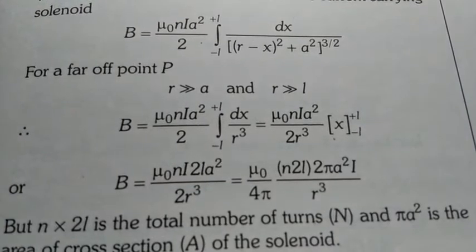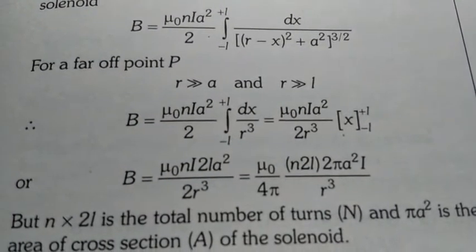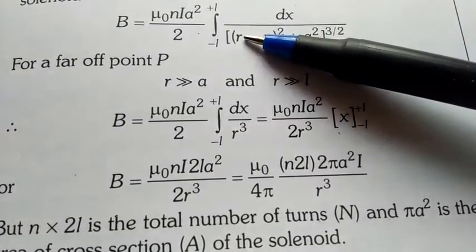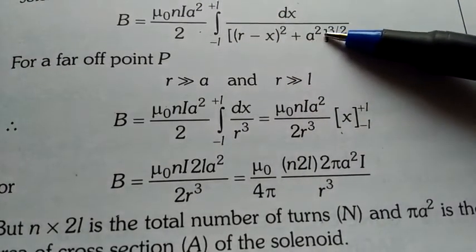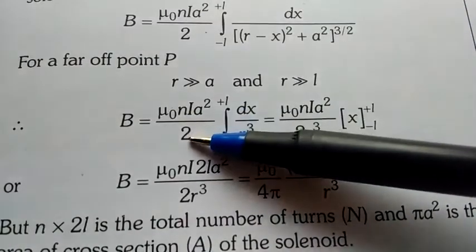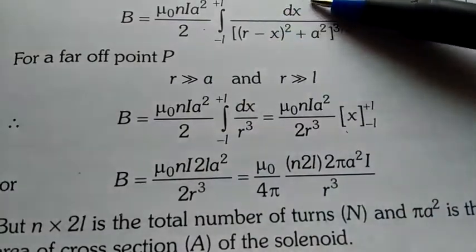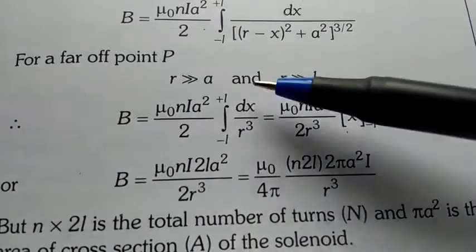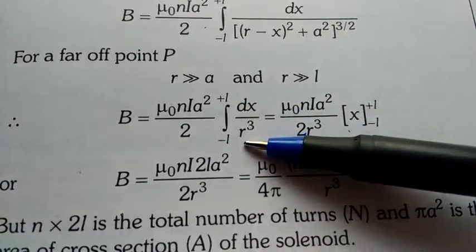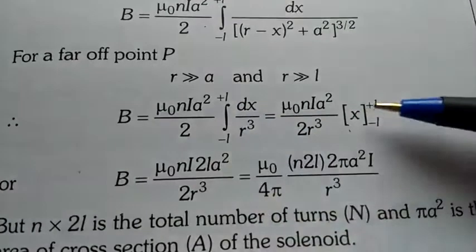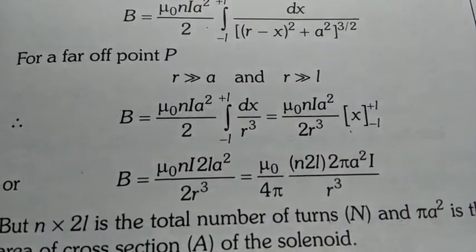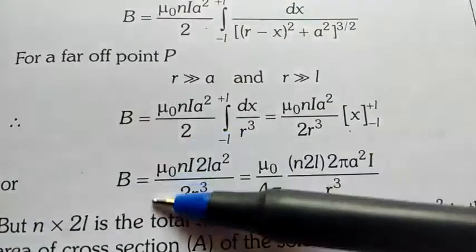Now at a far off point P, r is very much greater than a, and also than L. So here we neglect a, and we have B equals mu naught I a squared upon 2 times a constant, which comes out of the integral. Integrating from minus L to plus L, dx upon r cubed, we get this equation.